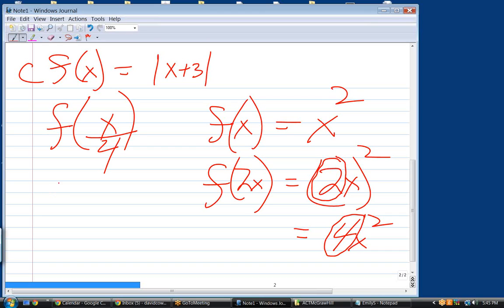The first one, we were shrinking it by how much? 2? 1/2. 1/2. 1/2, which means I wanted to multiply by 2. So this was the first one, this is the second one.